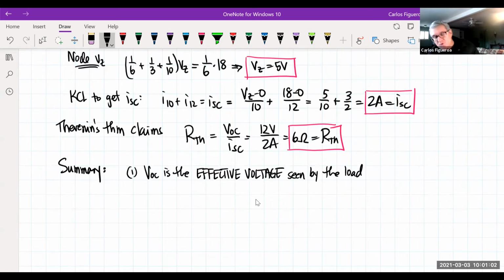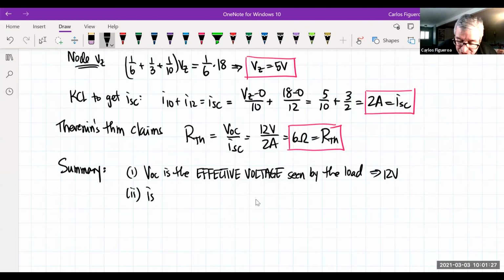So if I remove the load AB and I'm looking at AB, before I put that element in there, as I'm just about to stick it in there, what does it do? It sees that effective voltage. And in this case, that effective voltage was what? 12 volts.